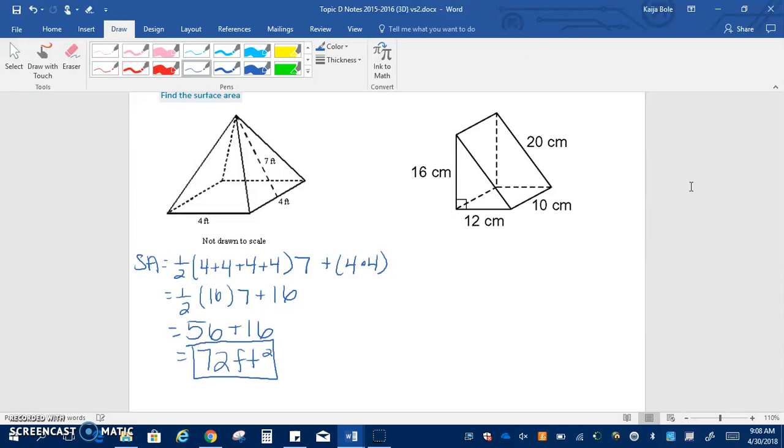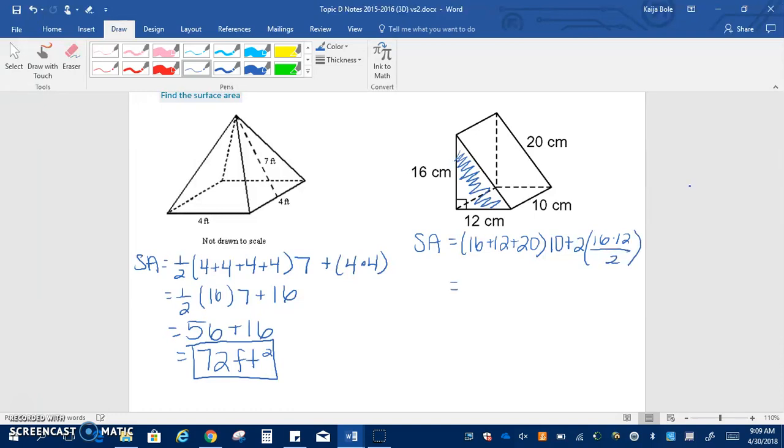Alright, over here, same thing, a little different though, because this is a triangular prism. Remember, we've talked about this in class. So we're going back to our original formula. Surface area equals perimeter of the base, so 16 plus 12 plus 20, times the height, which is 10. Then plus 2 times the area, so 16 times 12 divided by 2.